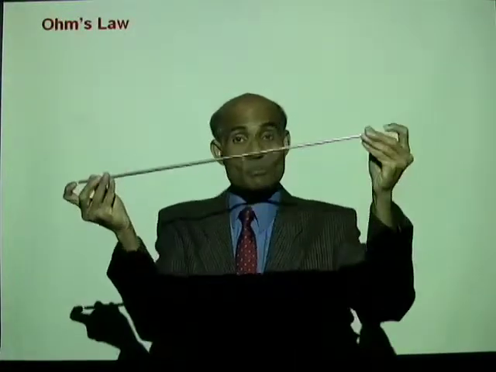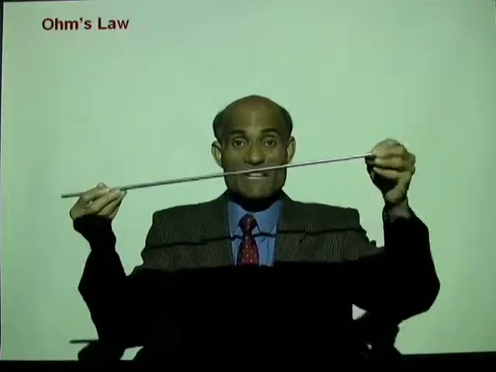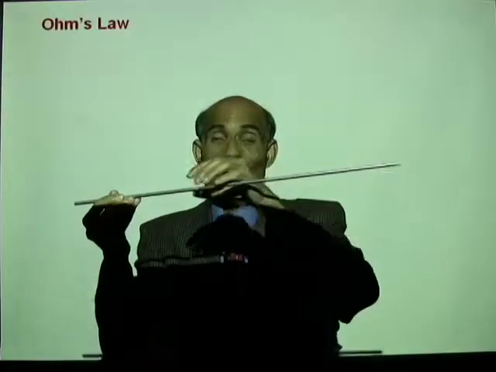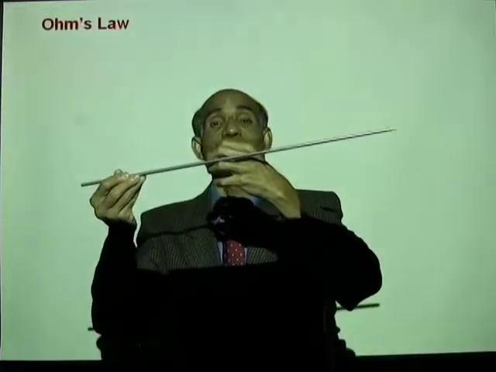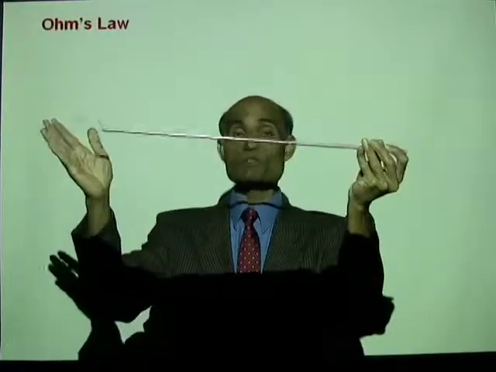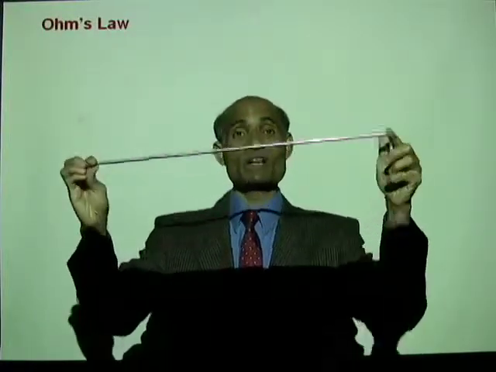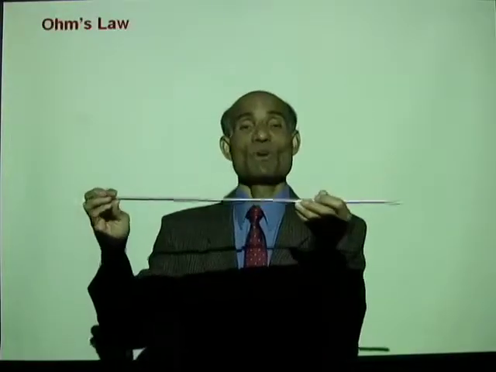It is the potential difference between the ends of the conductor that will set up an electric field in the conductor, and it is the electric field that then drives the electric current. So, Ohm's law is a relation between the potential difference between the ends of a conductor and the current passing through it. What do you think is going to be that relation?